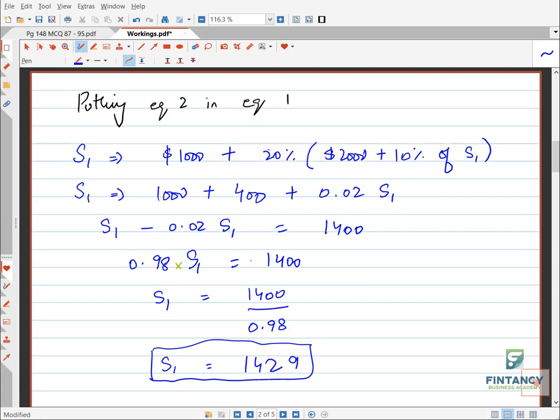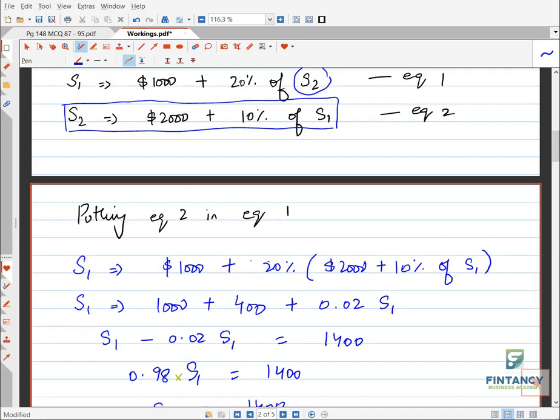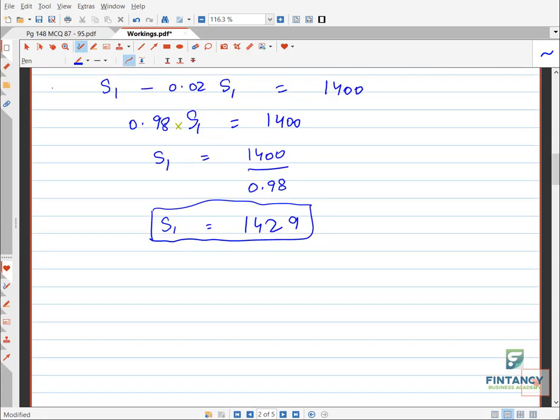We can put this S1 answer in equation number 2. So I will write here, putting S1 into equation number 2. And what was equation number 2? Remember? Equation number 2 is, let me change the color again.